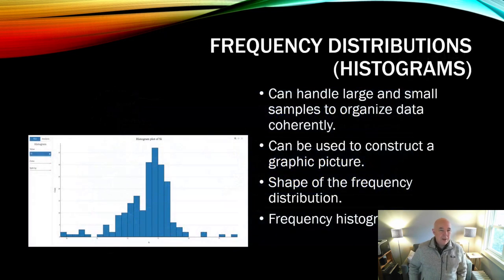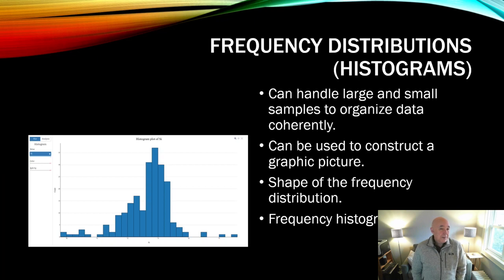Something like a histogram, which, by the way, when I was even a graduate student, I had to actually hand draw my histograms. The computer programs really were not very good at doing this automatically.